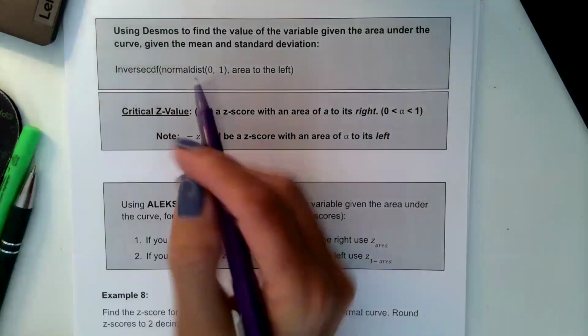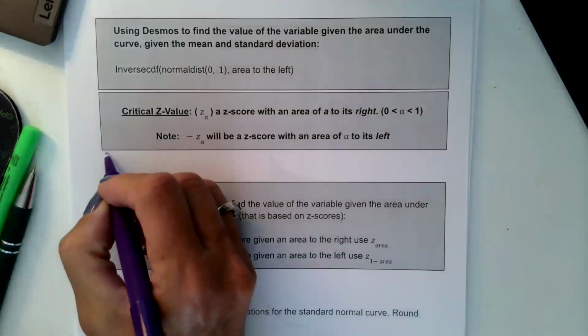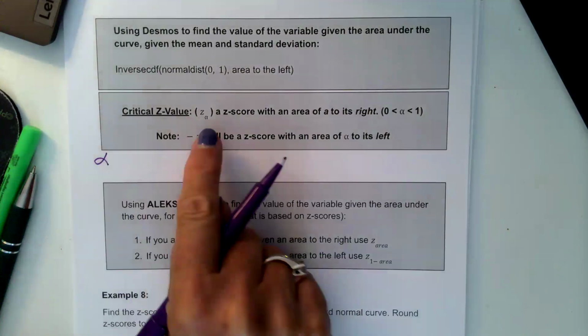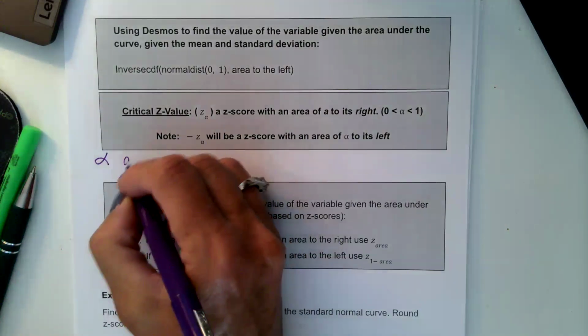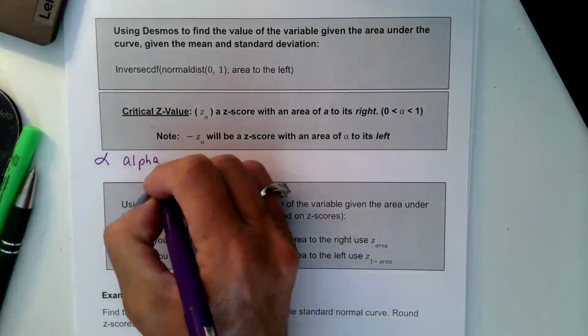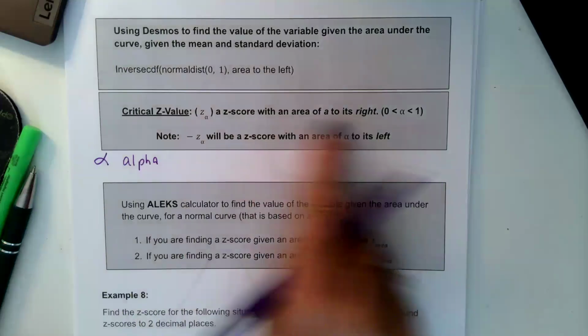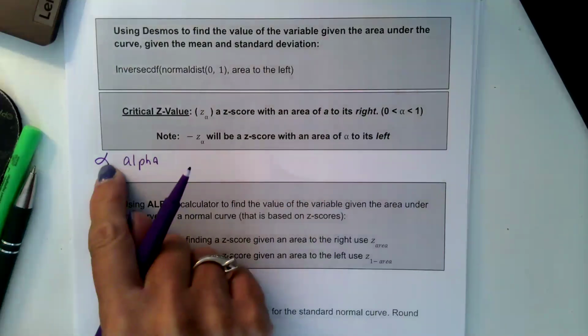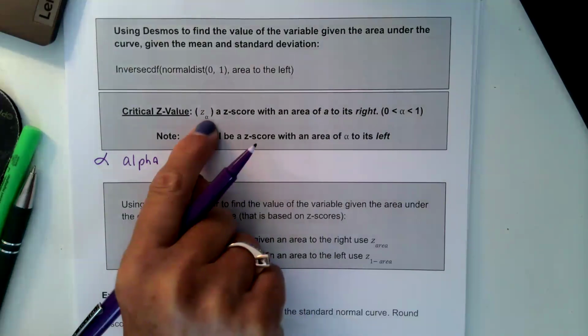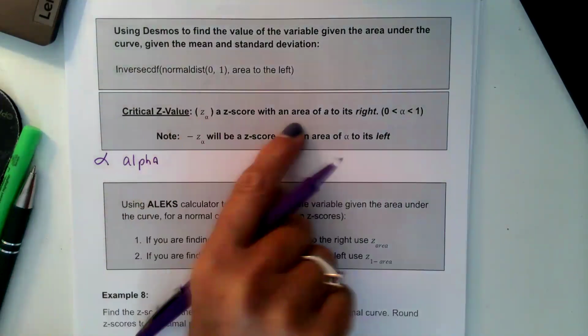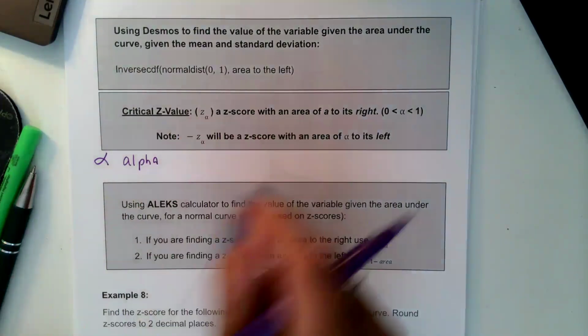Okay, so this little symbol here, I'm going to make it bigger so you can see. It's called an alpha. When you see this number that represents this symbol alpha here, that's saying that that's the area to the right that we want to find the z-score that goes with.